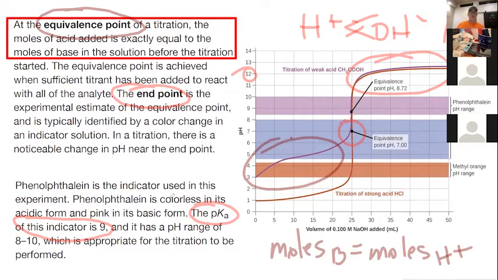So what will happen when you add the base into the solution, you will notice that the solution will turn pink where the sodium hydroxide is dropped in. That's because the local concentration of hydroxide in that solution will be very high. And so that phenolphthalein will turn pink. But then when you swirl it, the color will disappear because you will have mixed the hydroxide into the solution, and you'll no longer have a high concentration of hydroxide in one particular place.